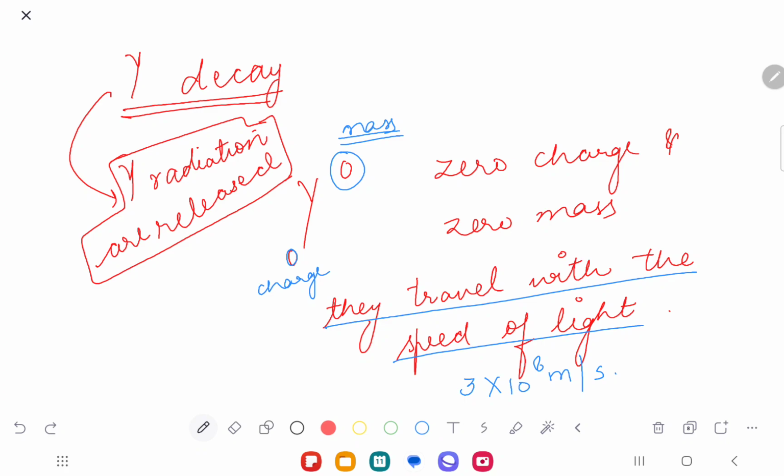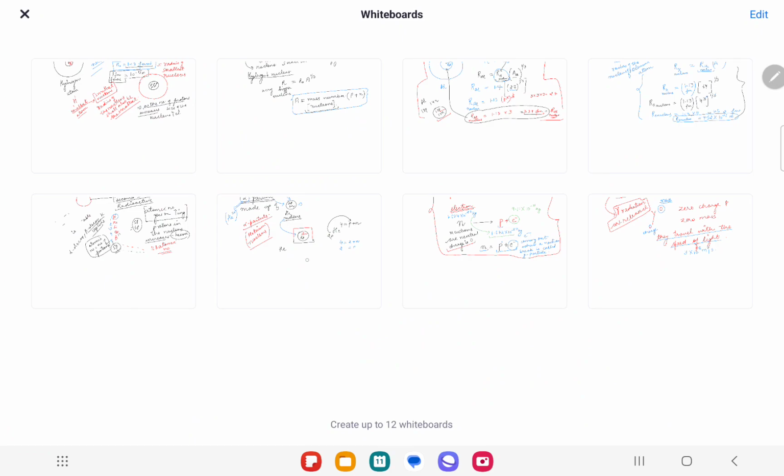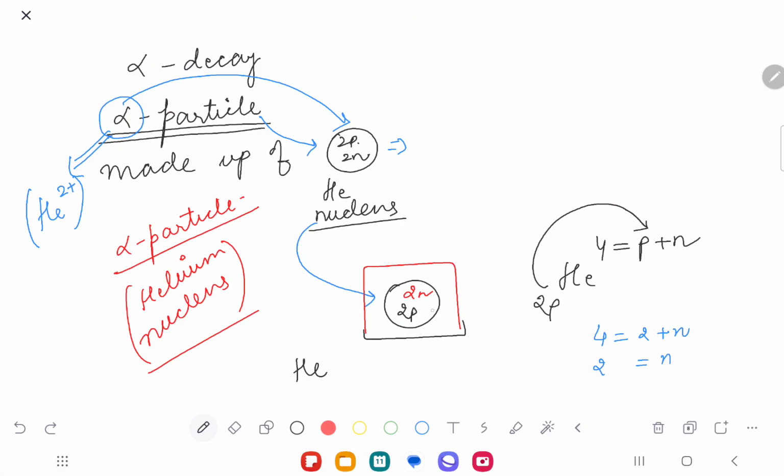You understand my point? When we go back to the protons, what is the charge of the helium nucleus? Two neutrons carry zero charge. Because we know that a helium particle is nothing but a set of two protons and two neutrons.